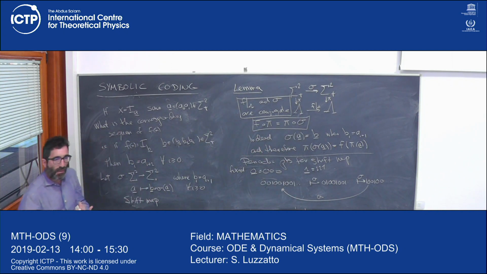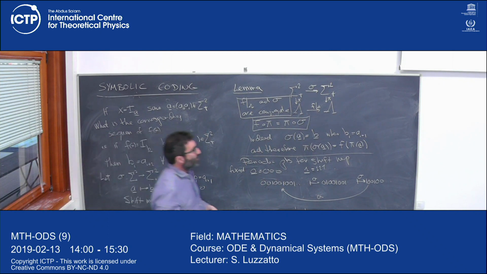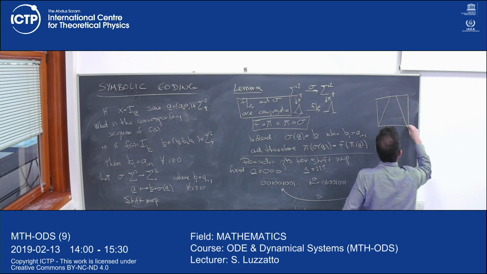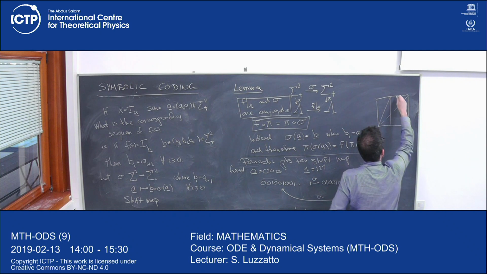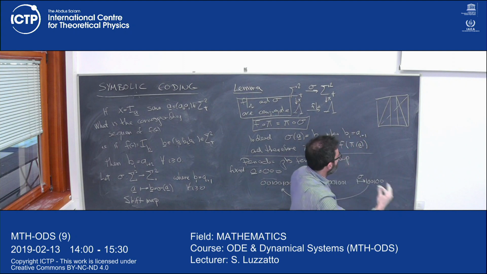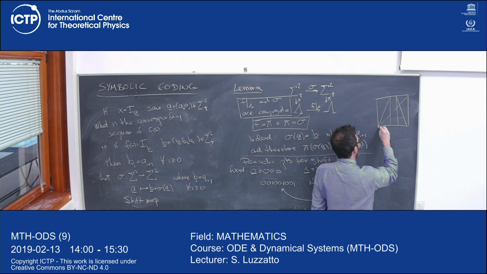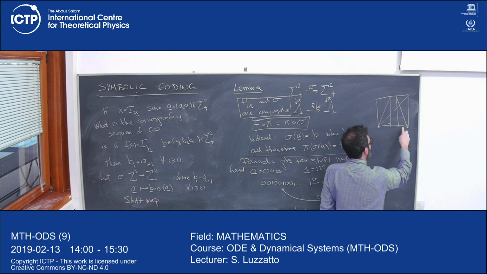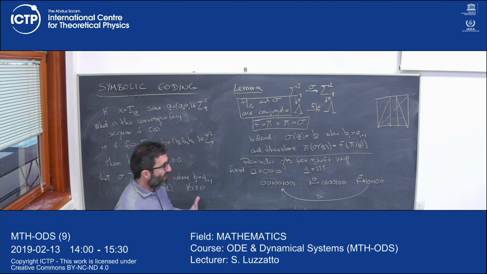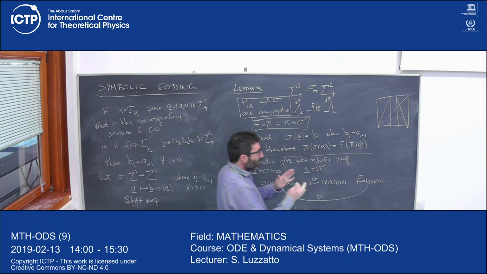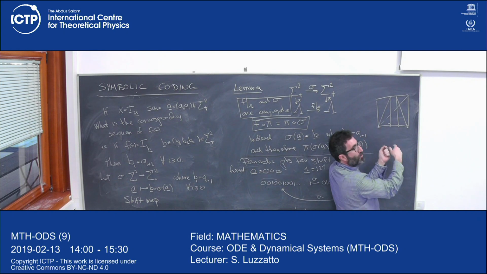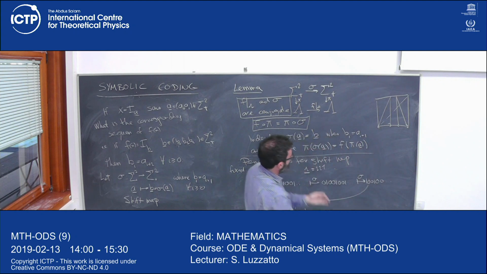But the very first step is that we've taken this system, which basically looks like this, and we know that a lot of points escape. But with this simple coding, by saying that all the points that don't escape must lie either in I0 or in I1, this simple argument shows that you can code all the points by all possible sequences of zeros and ones.